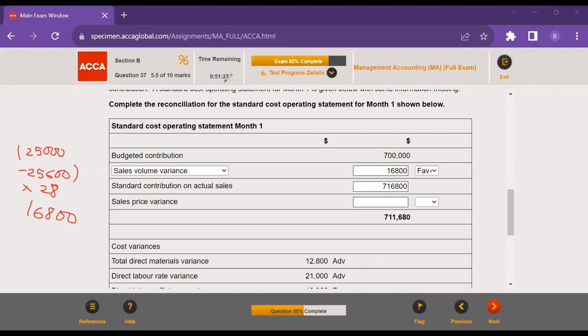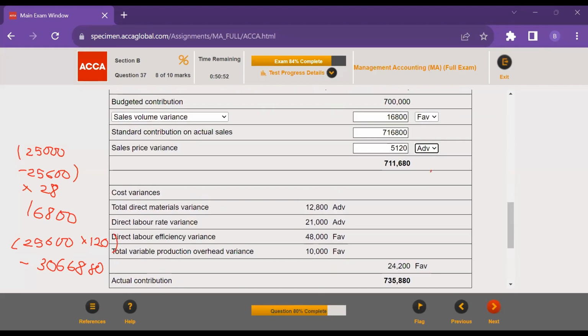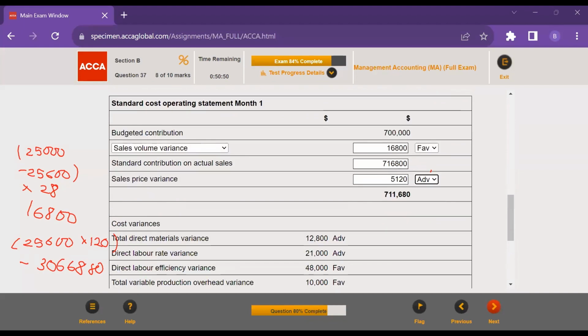So this is 25,600 multiplied by how much is your selling price, which is 120, and then you subtract your actual revenue, which is 3066880. Now, if you solve this, you will find your answer as 5120, and this will be an adverse variance because you have earned lesser than what you have budgeted. Right. So with this, we finish all the blanks in task 2.